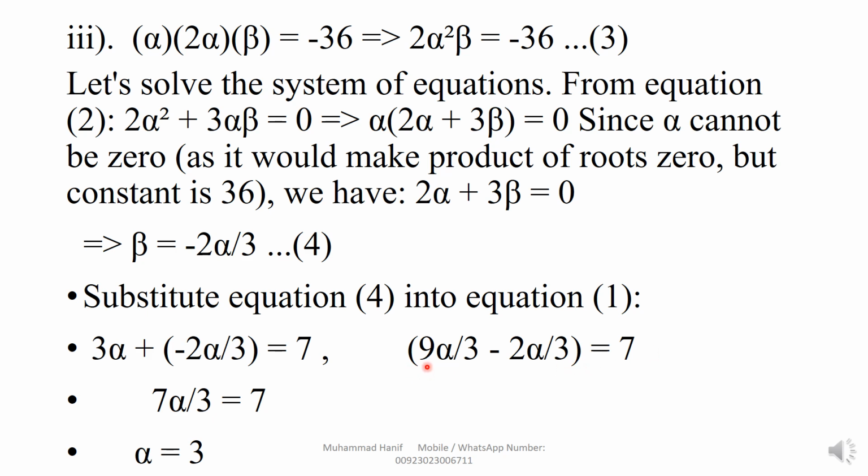Now 9 minus 2, we get 7 alpha divided by 3 equal to 7. Now this 7 and 7 will be cancelled, we get 1, and alpha divided by 3, then 3 moves across, so alpha equal to 3.